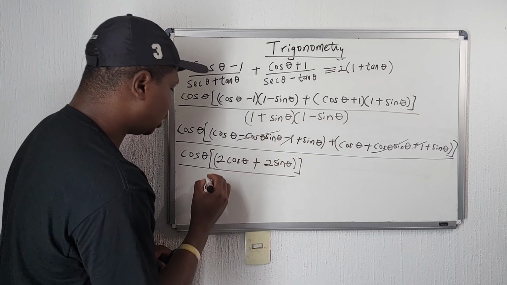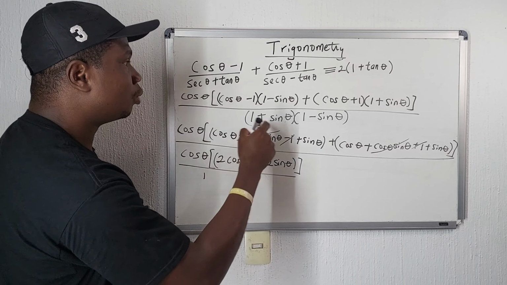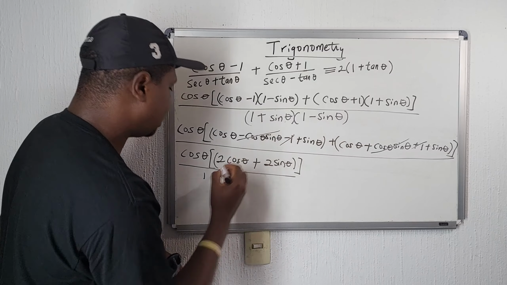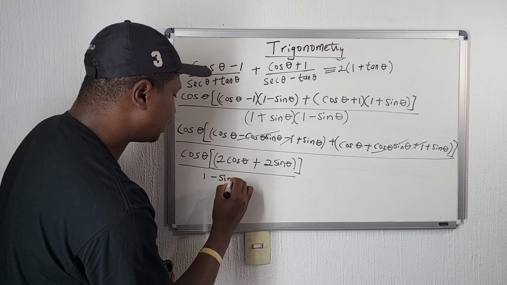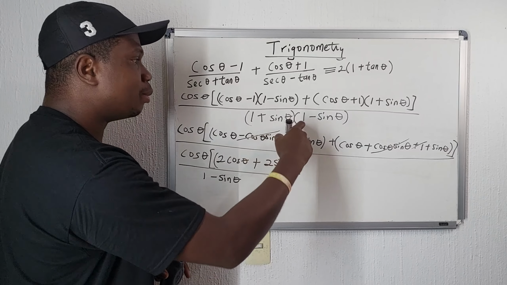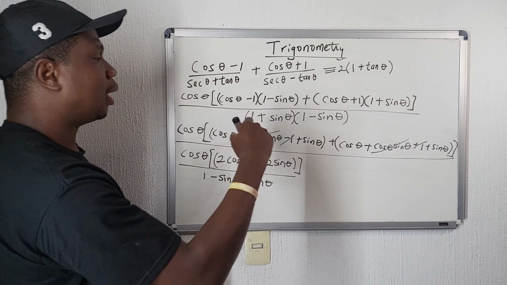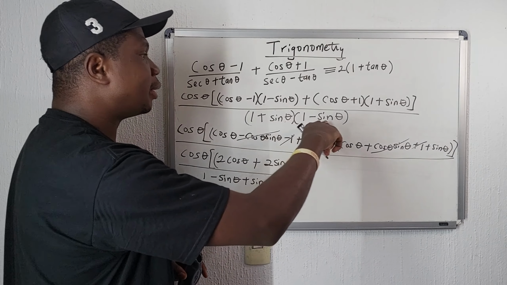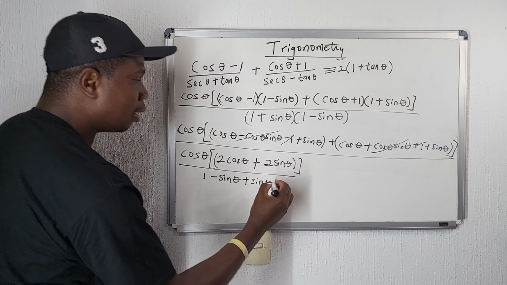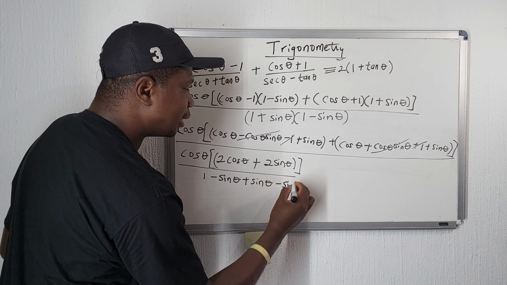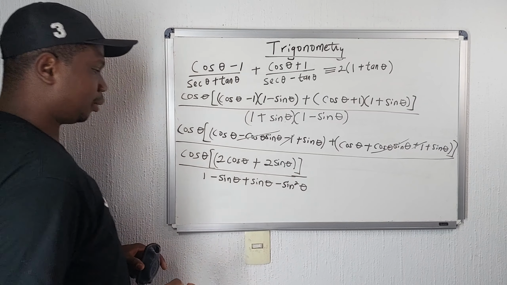Now, 1 times 1 is what? 1. Then 1 times minus sine theta is what? Minus sine theta. Sine theta times 1 is what? Plus sine theta. Then sine theta times minus sine theta, that will be minus sine square theta.